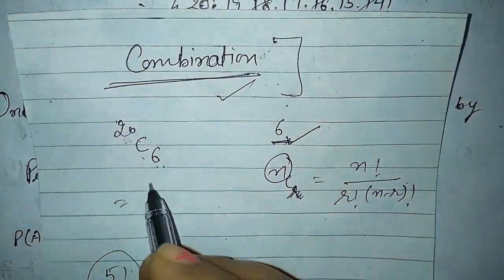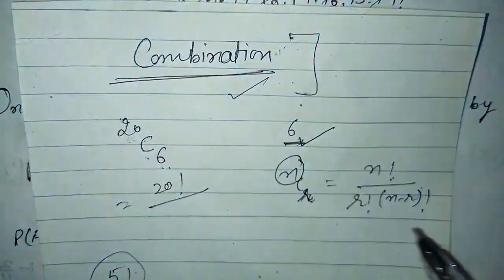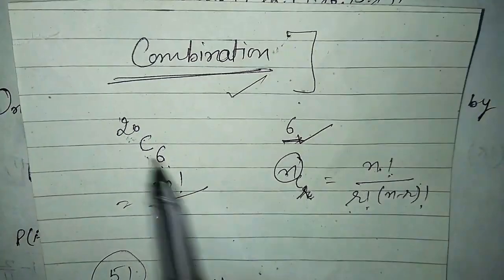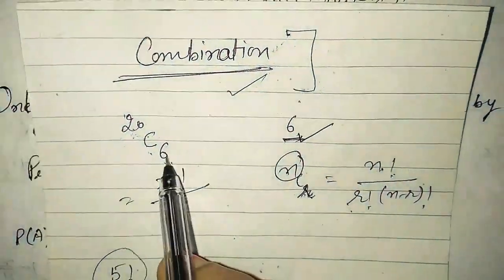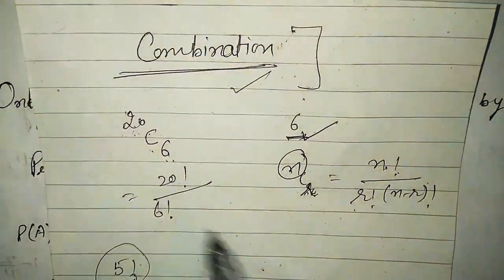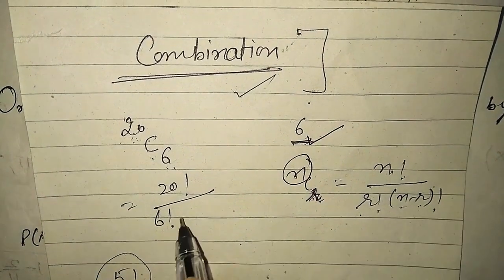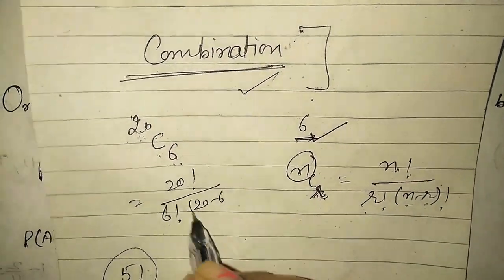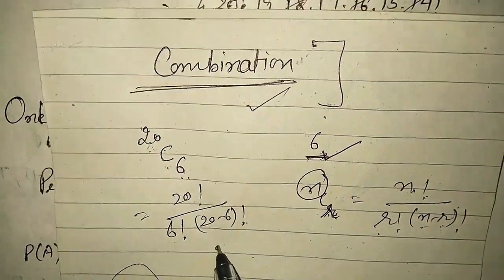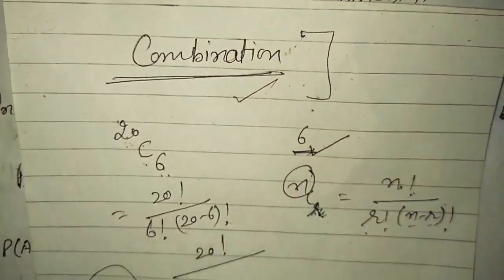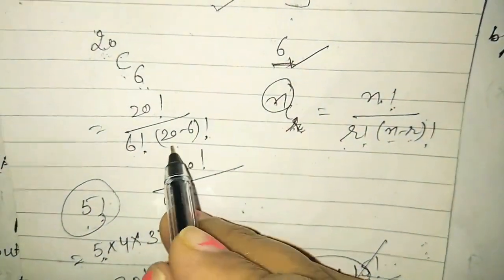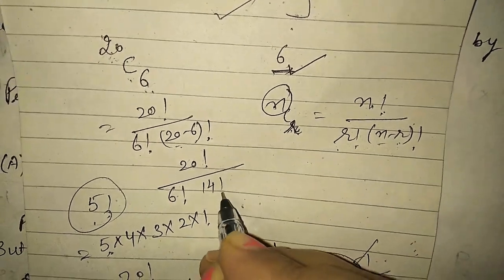20C6 means 20 factorial upon 6 factorial into (20 minus 6) factorial, where n is 20 and r is 6. So it is 20 factorial upon 6 factorial and 14 factorial.